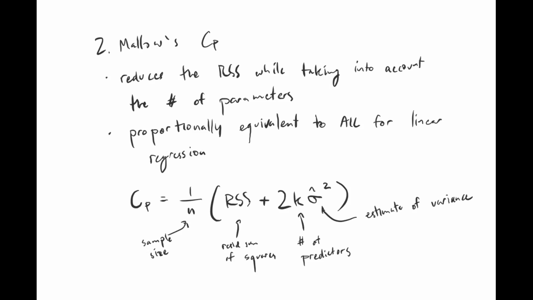So proportionally, it's going to be essentially equivalent to the AIC. This is another common criterion that folks use.